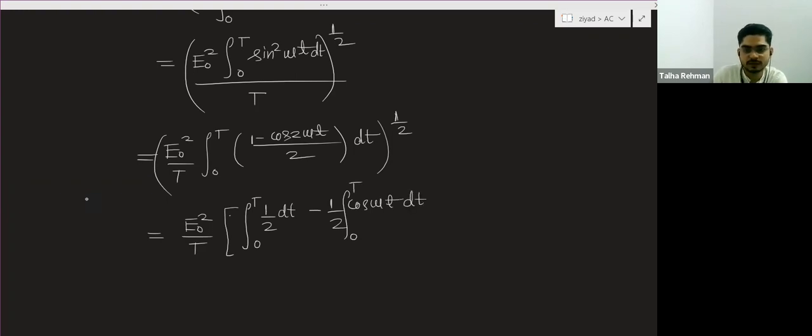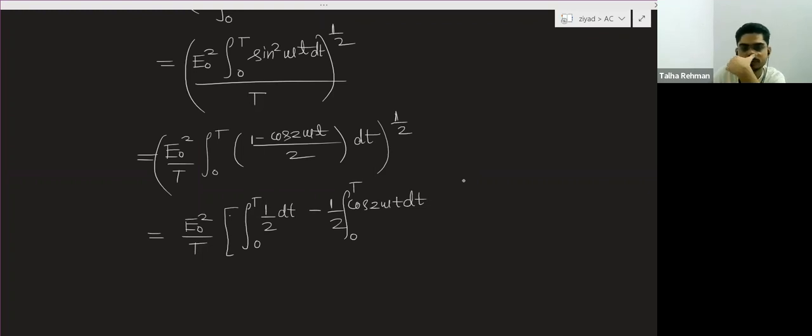This can be written like this also: I took half and dt inside the bracket. The integration of 1 by 2 dt minus 1 by 2 of cos 2 omega t. Here it is cos 2 omega t, not cos omega t.